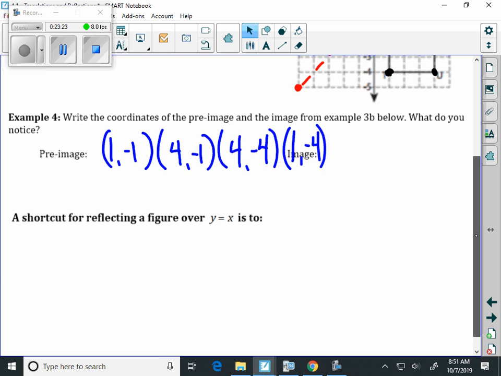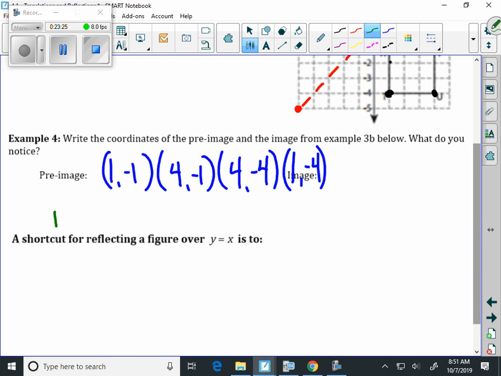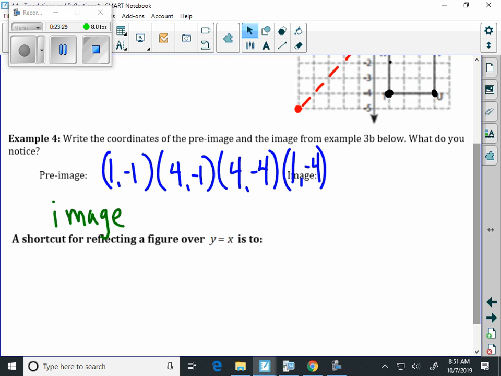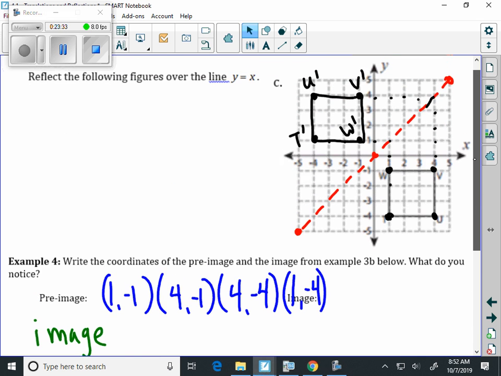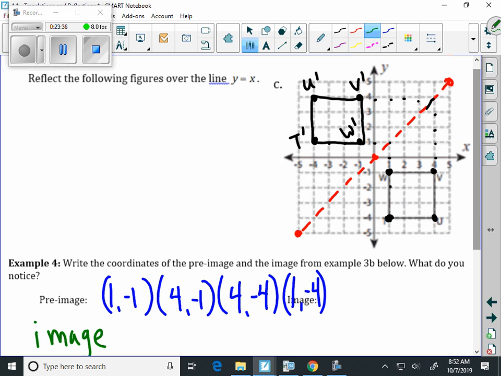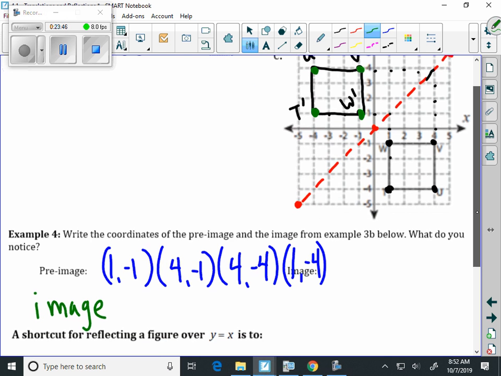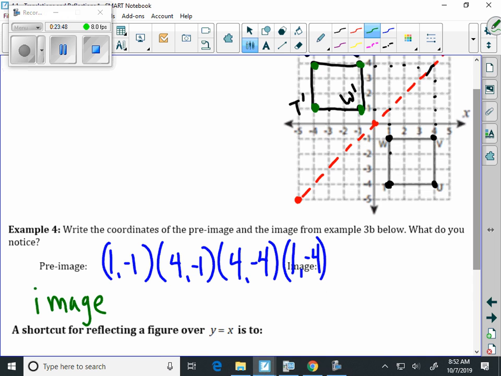There's the pre-image. Right underneath it, I'm going to write down the image, since the board is disoriented and I'm running out of space. The image, which I'm going to put with green points, starts with W, and its value is negative 1, 1.